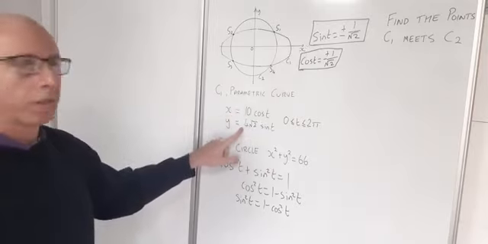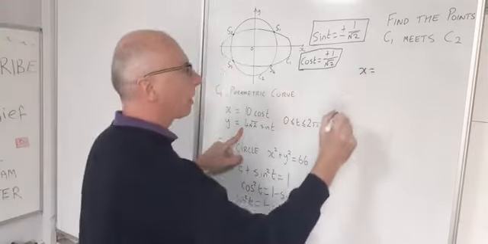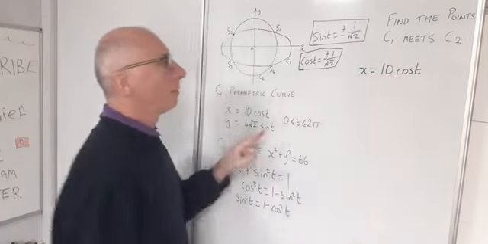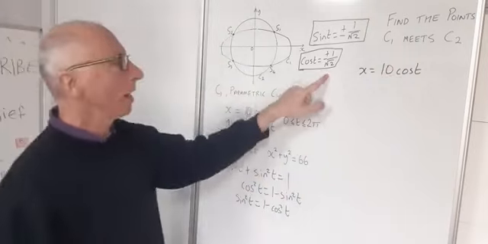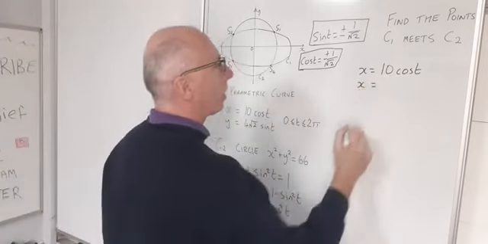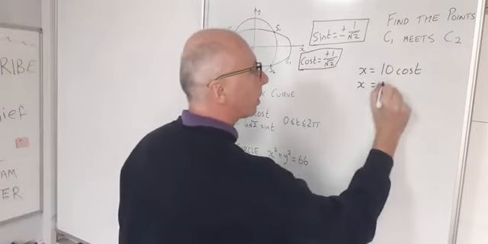Now we know our coordinates here are the x and the y. So x equals 10 cosine t. So then we need to multiply this by 10. So therefore x equals 10 times plus or minus 1 over root 2.